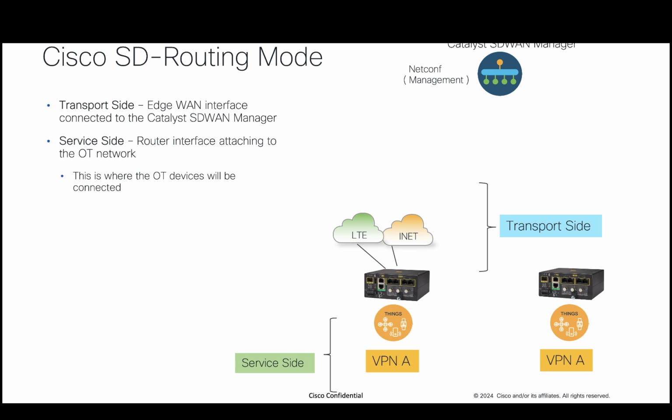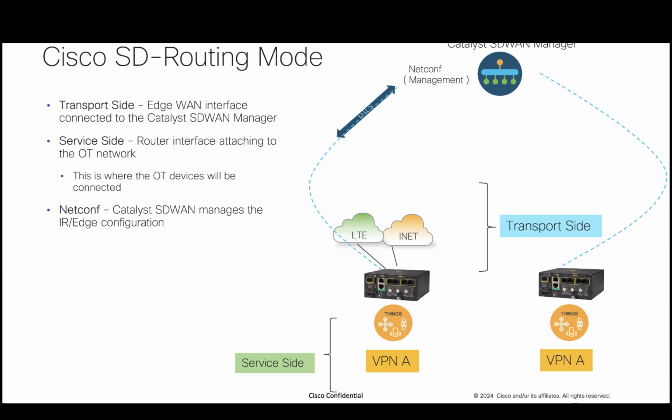And we can segregate or isolate traffic in VPNs. The SD-WAN manager will manage the industrial router edge configuration over a netconf connection, so it directly manages the router configuration and onboarding.